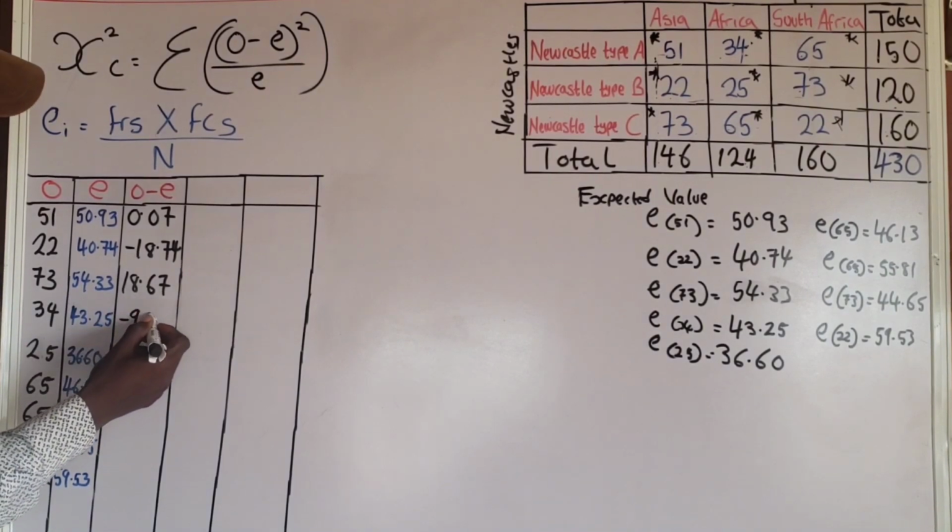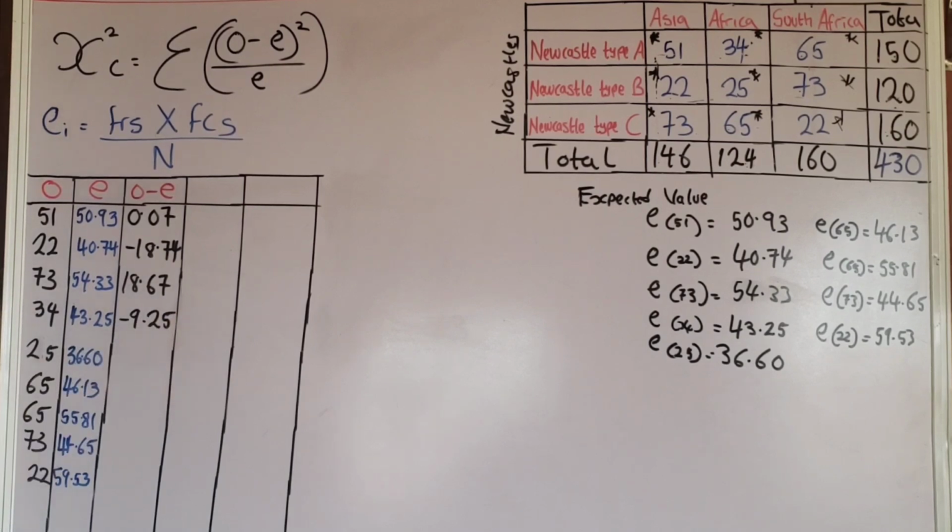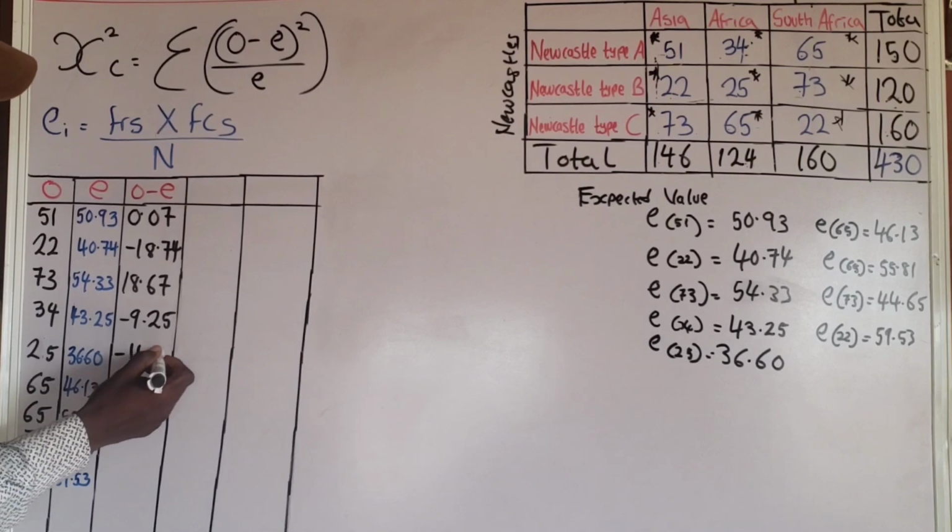Okay, 25 minus 36.60, that is negative 11.6.